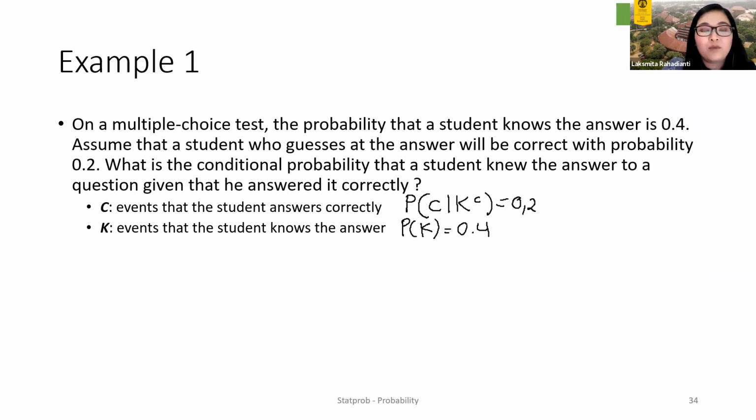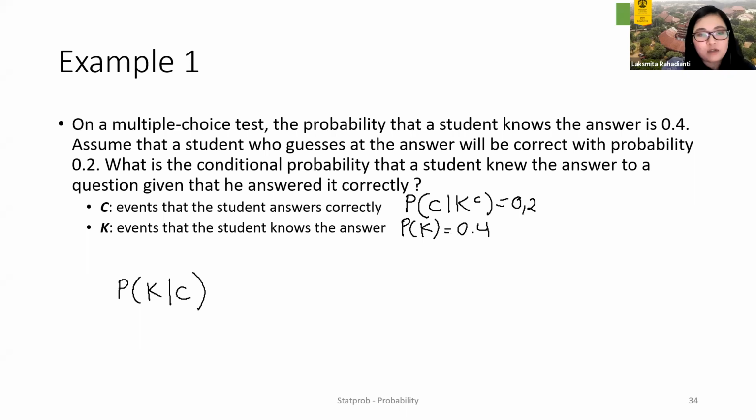And we're trying to compute the conditional probability that the student knew the answer, K, given that he answered it correctly.